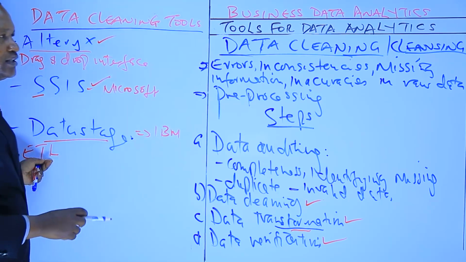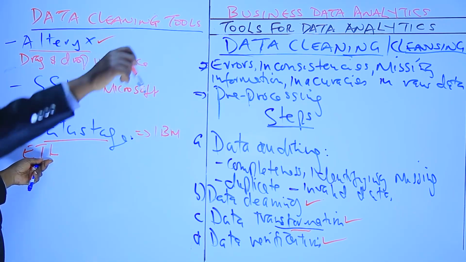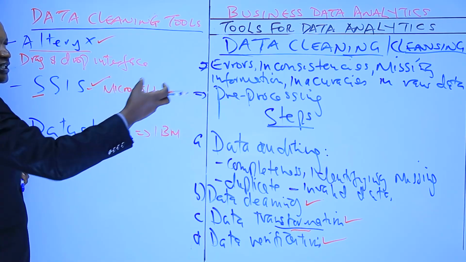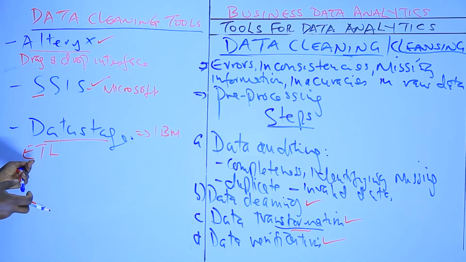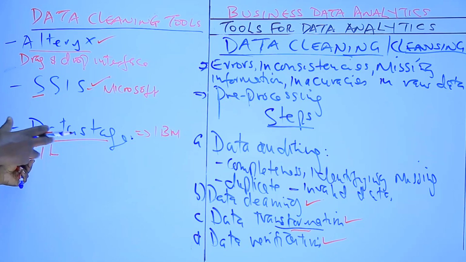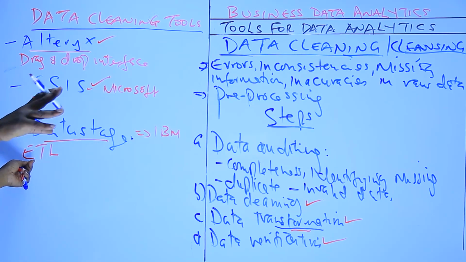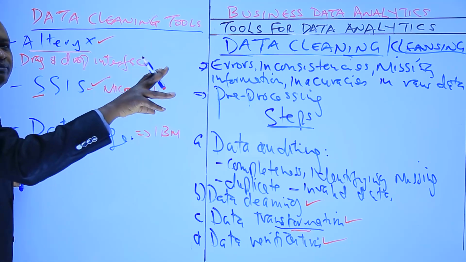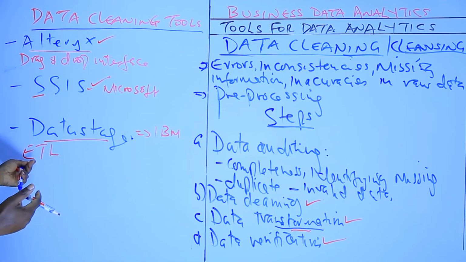This is a software that can extract. ETL means extract. It can mine data from different sources, then transform it as needed, and then load it into a target system like a data warehouse.